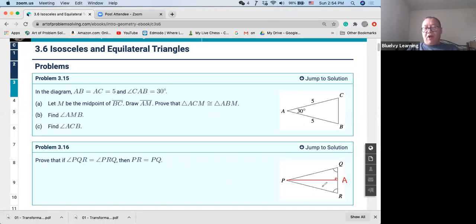Then in these two triangles, let's see if we can prove they are congruent. They share the leg PA, right? Then we have this angle equals this angle. Definitely this angle will also equal this angle. Then we can use AAS, right?